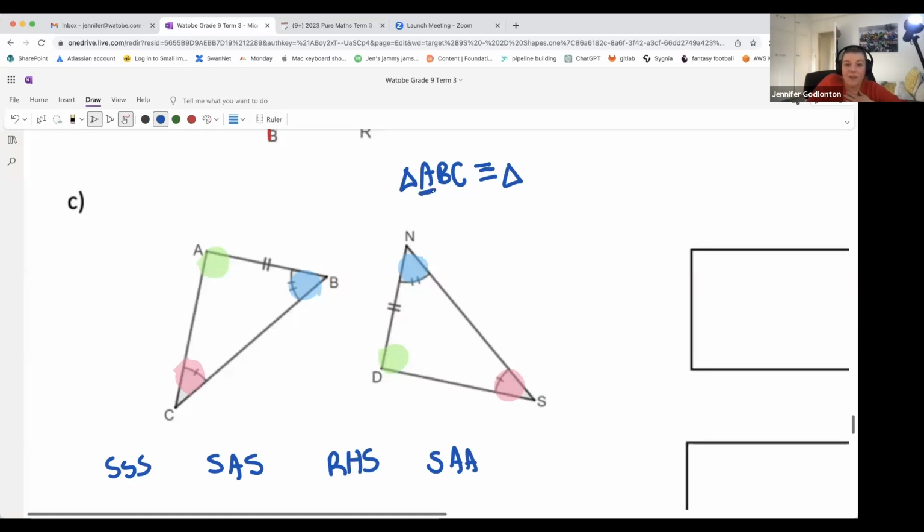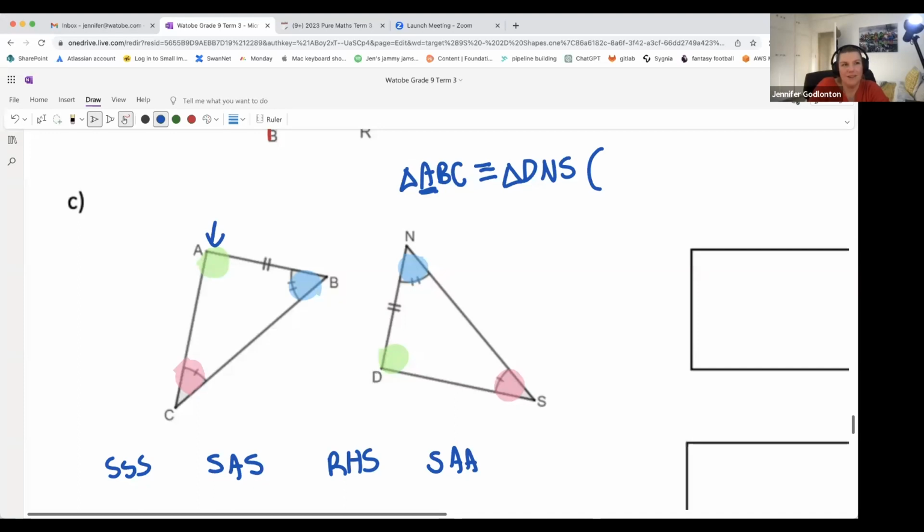So A was first here, and it was our green one. So what would be our first letter on the other side? Yes, Miss. D. S. Yes, beautiful. And what would be our reason for congruency here? I might have lost you.